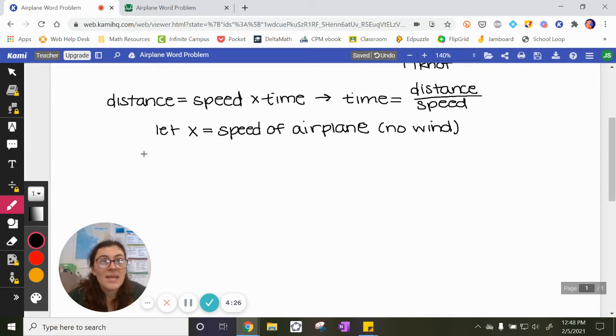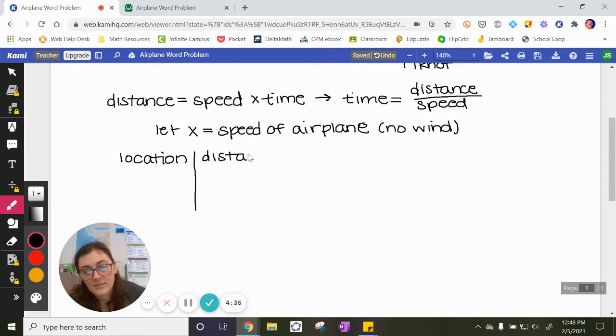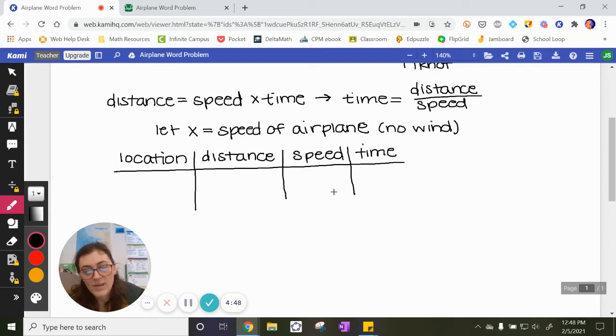So I'm going to make a little chart that's just going to help me keep track of everything. So I've got my locations. I'm going to have my distances. I'm going to have my speeds. And then I'm going to have my time. So just kind of making sure that I can collect all the information that I need to.